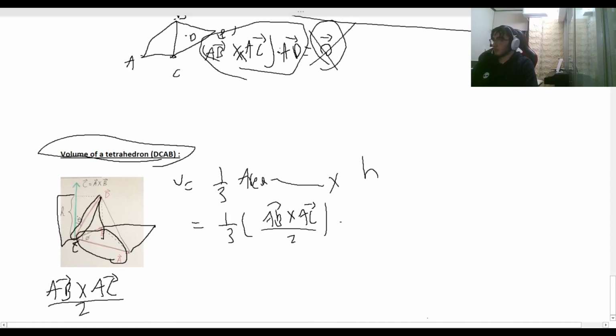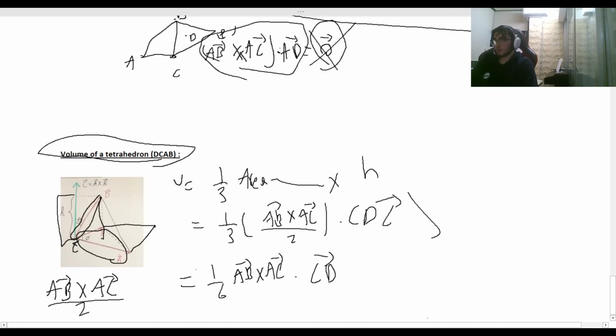For instance, DC vector. And that will give us 1 over 6 AB vector cross AC vector dot CD vector or DC vector. And this is how we use the mixed product to calculate the volume of a tetrahedron DCAB.